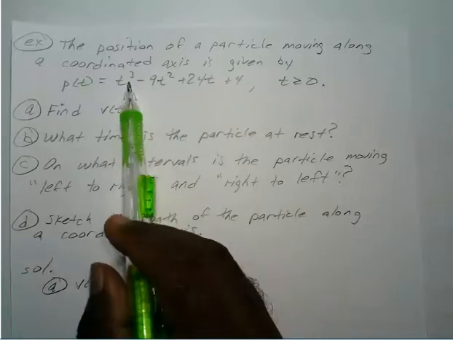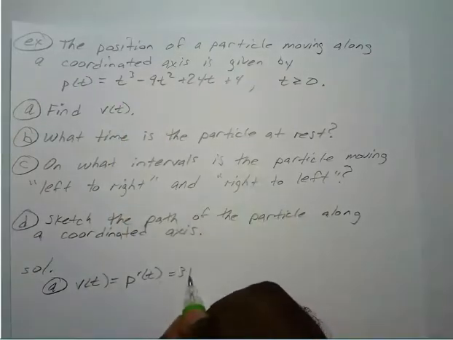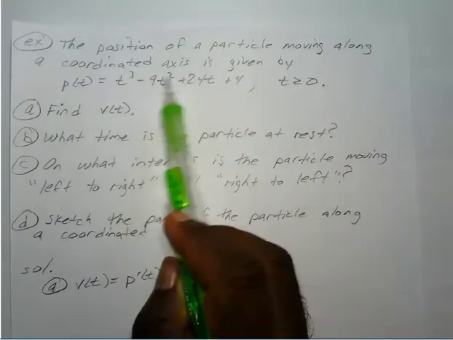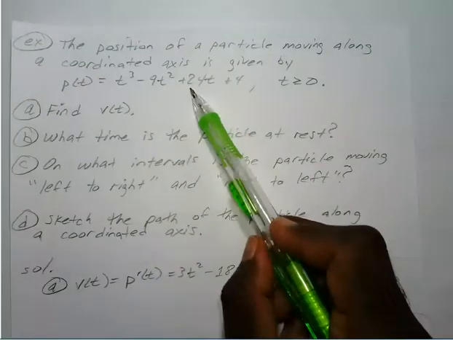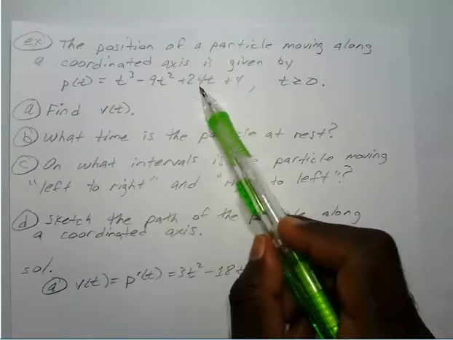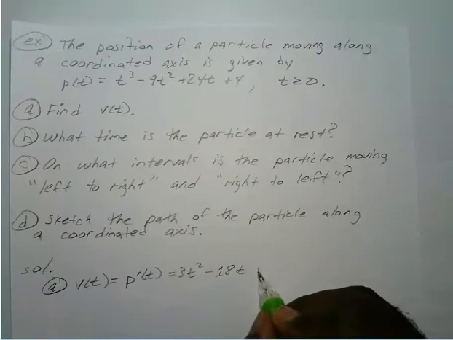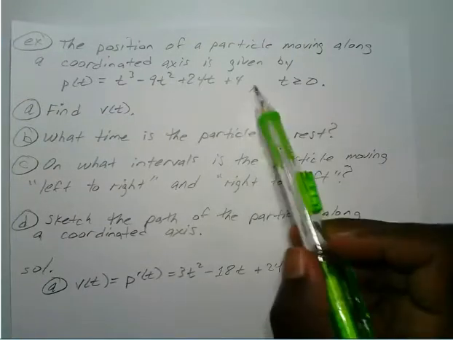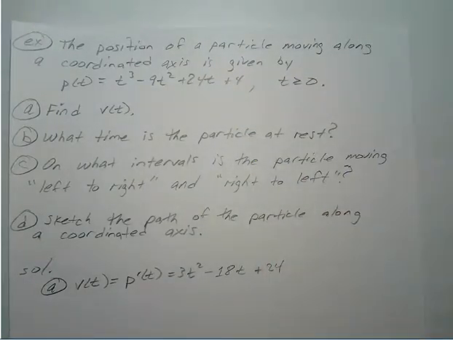So the derivative of t to the third power is 3t squared minus the derivative of 9t squared. We bring down the 2, so we have 18t. Derivative of 24t is just 24 times the derivative of t, which is 1, which gives us 24. And the derivative of a constant is 0, so that plus 4 disappears.